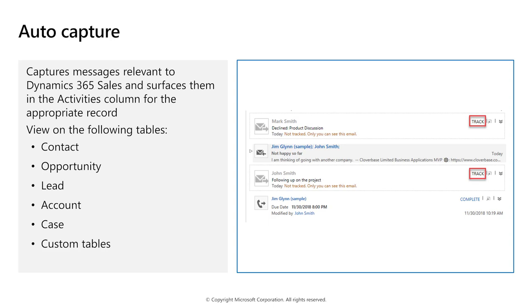Auto Capture uses Relationship Assistant to deliver alerts and other messages, so we strongly recommend that you also enable the assistant if you're using email engagement. Now, as you see here on the screen, I've got two emails that need tracking. I've got my first one, which is from Mark Smith, so it's not tracked, only you can see this email. Now, if I want to make this a tracked email, I go through and see where the red box is. I go through and track.